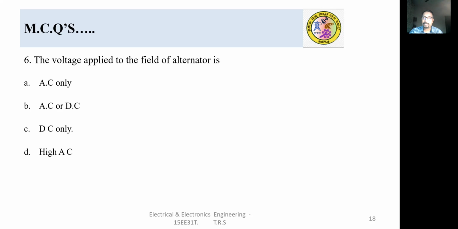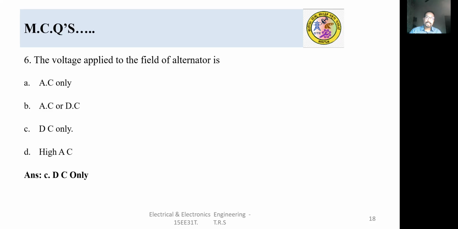But what type? An alternating magnetic field will be produced, sometimes North Pole, sometimes South Pole. That means the direction of the poles is continuously changing, so obviously our purpose will not be served. Suppose instead of AC, we give DC, it produces a constant uniform magnetic flux. So the answer is DC only. So these are some of the MCQs.